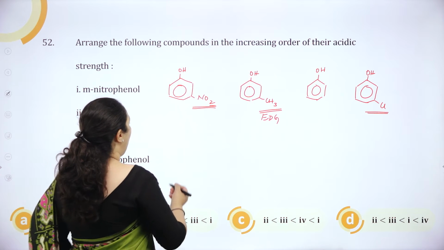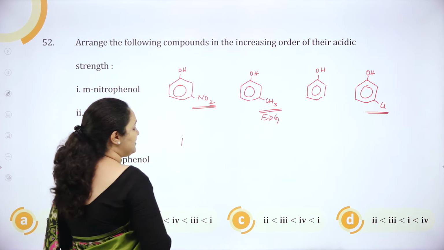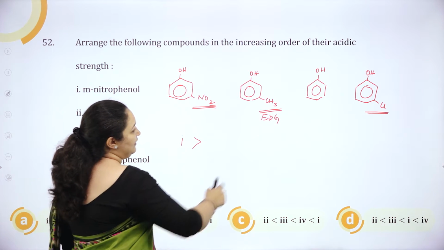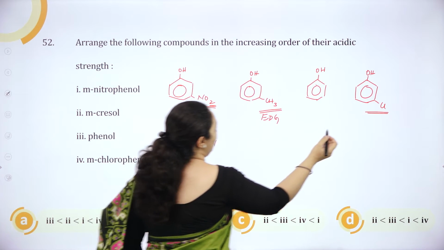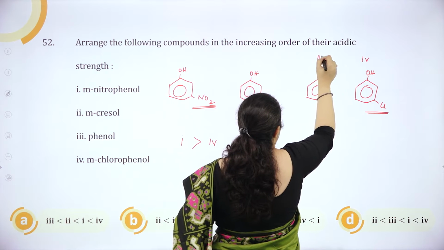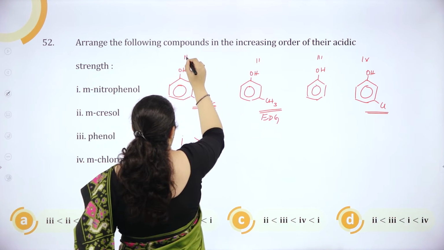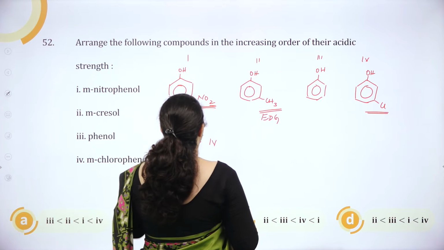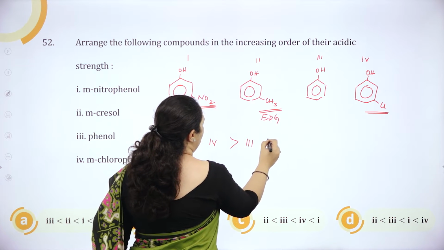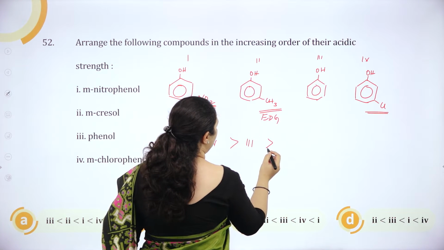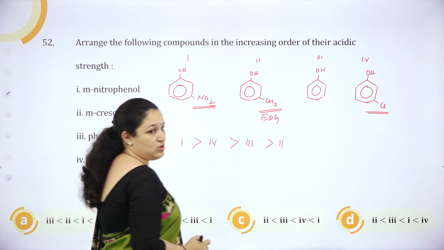So 1 is most acidic. Then comes 4. This is 4, this is 3, this is 2 and this is 1. Okay. So 1, then comes 4, then you have phenol. Last is which contains electron donating group, that is cresol.